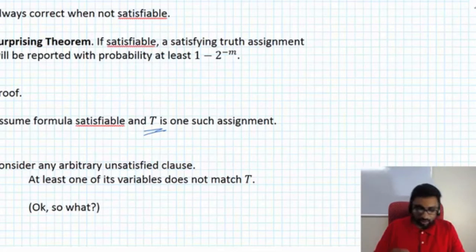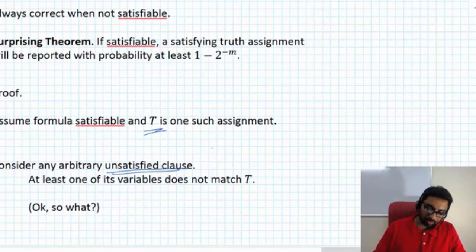If you consider any unsatisfied clause, at least one of its variables does not match T. And this is quite obvious. Why is that? Well, let's look at an unsatisfied clause of the form, let's say xj or xi.